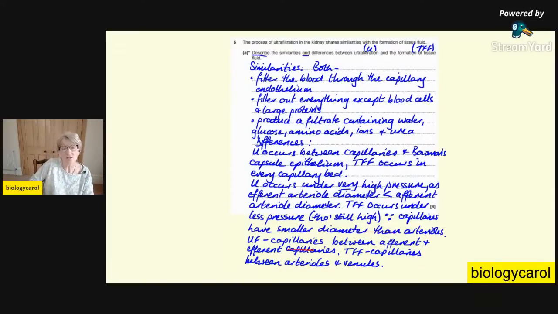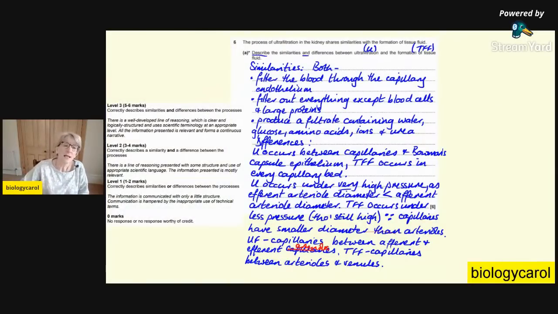I should have written arterioles. So I wouldn't have got any marks for saying this because I wrote the wrong term. Here I wanted to point out that the capillaries really unusually occur between two arterioles in the Bowman's capsule in the kidney, whereas for tissue fluid formation, the capillaries are always between arterioles and venules.